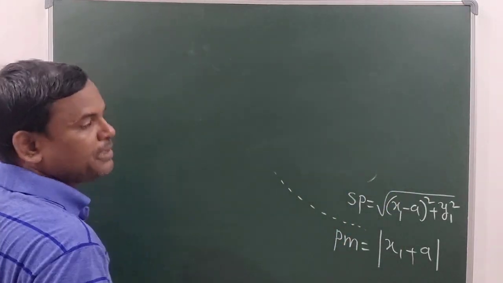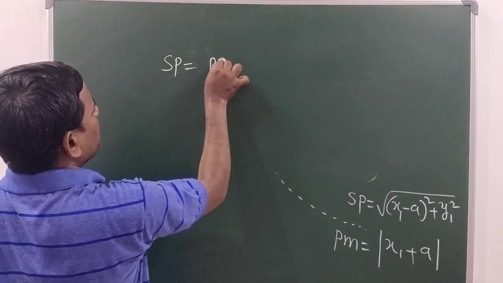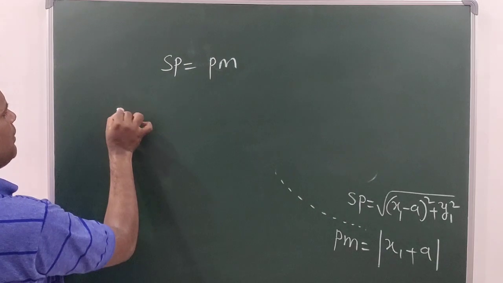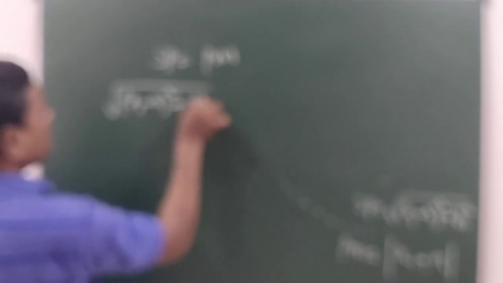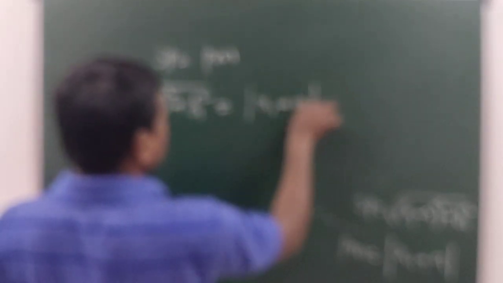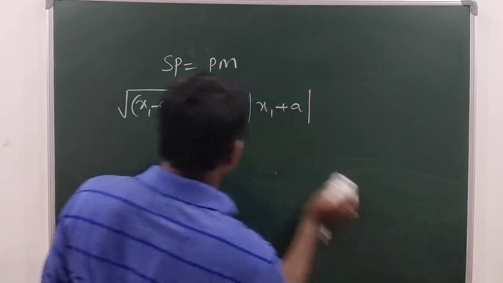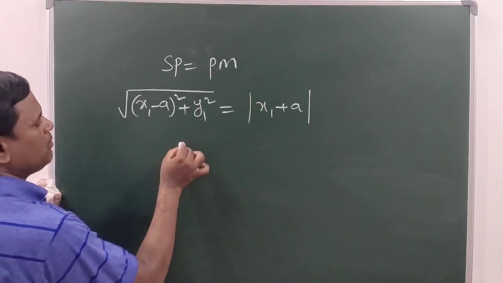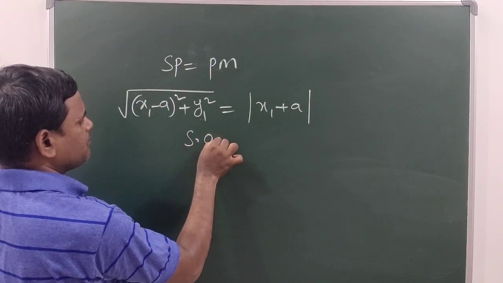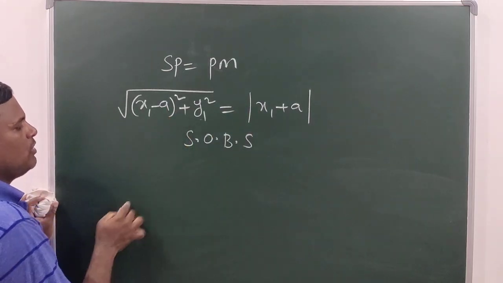Right, SP by PM is equal to 1, hence SP is equal to PM. Now the SP value, square root of (x1 - a) whole square plus y1 square, is equal to PM, mod of (x1 + a). Now square on both sides. If you take the square on both sides, what do we get?